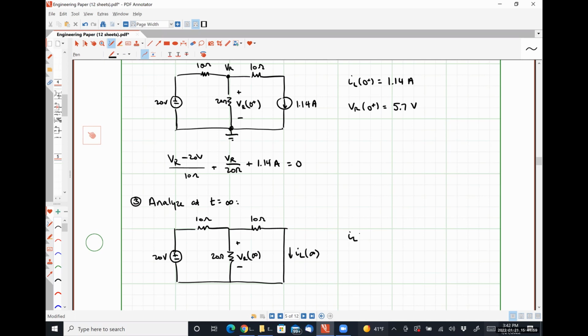All right, so we have IL at infinity, VR at infinity. So either do mesh analysis to solve for IL first or voltage division to solve for VR first. Somebody tell me what you get.